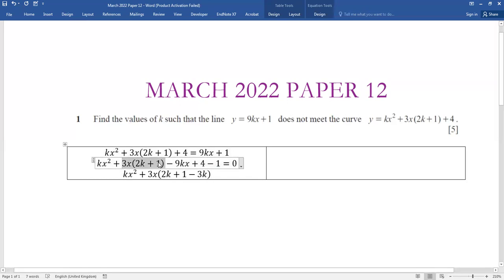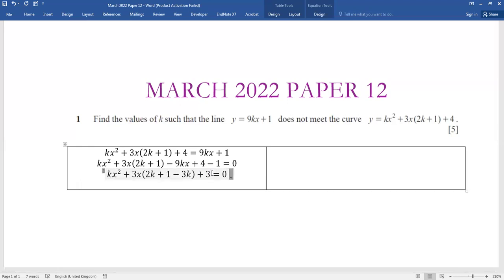Out of these two terms, I took 3x common, so I'm left with 2k + 1 - 3k. So kx² + 3x(1 - k) + 3 = 0.